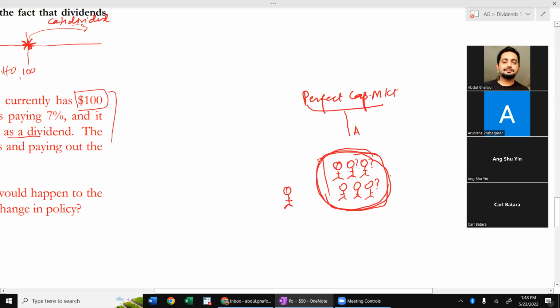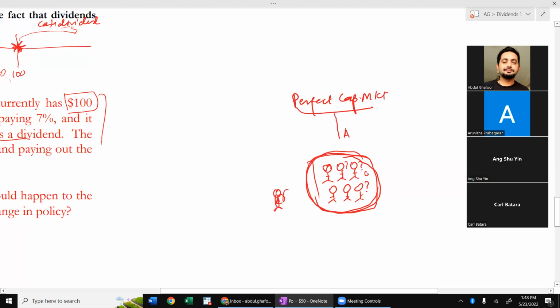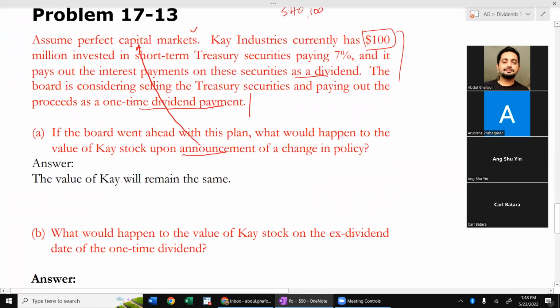Okay, so that is why when the market is a perfect capital market, every investor has the same level of information, and when they have the same level of information, there is no mispricing. Okay, so everyone has a similar price, so no effect on the change in price. So the value of the company will remain the same upon announcement.